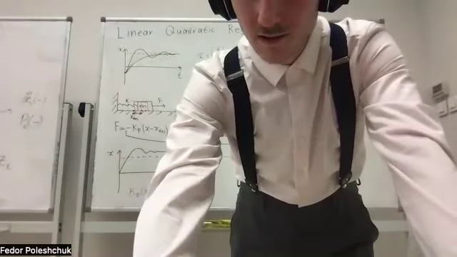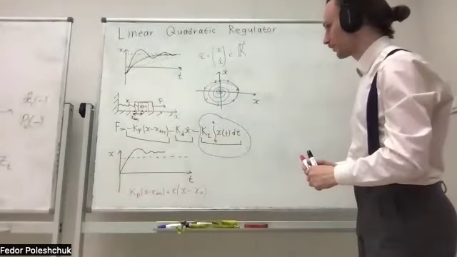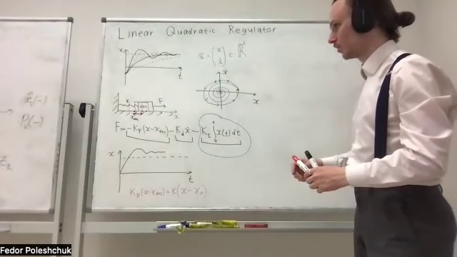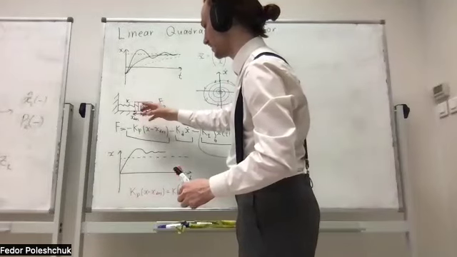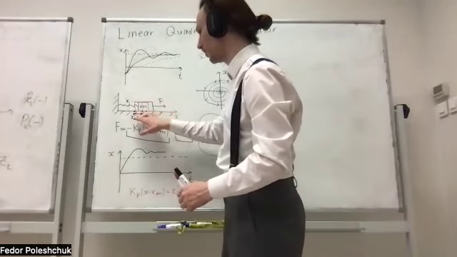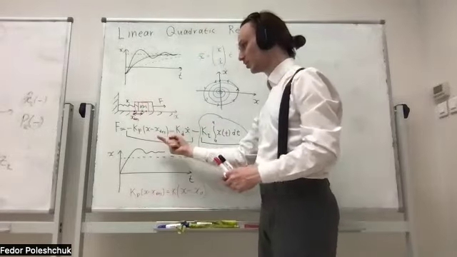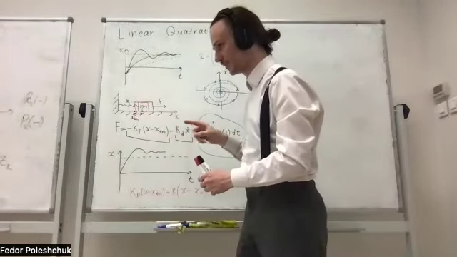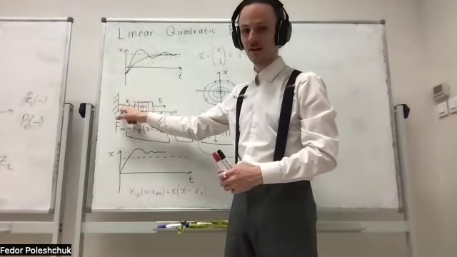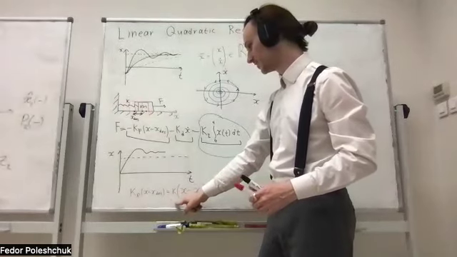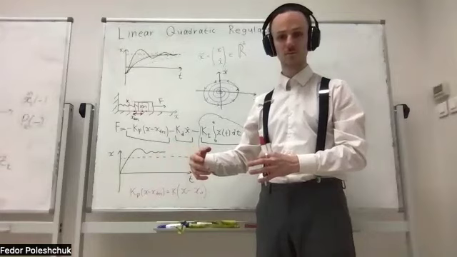Not exactly. So it's a good question. Let's figure it out. This red block is the block that has some non-zero deviation to the right. So our controller is acting upon this block to the left. However, the spring is pushing back. And this is the case when these two forces cancel out.